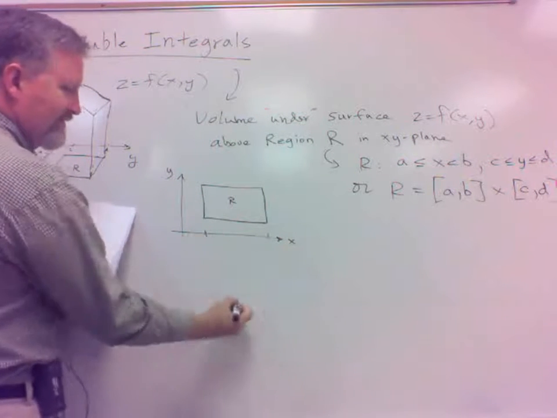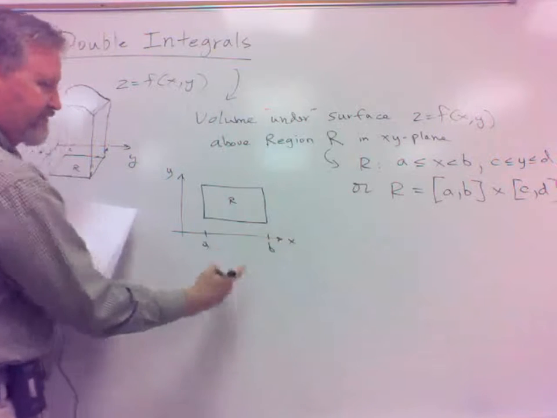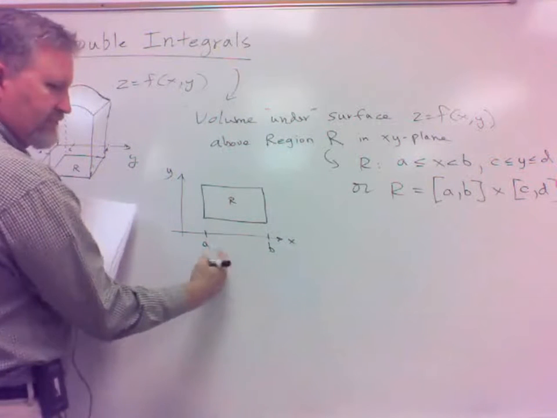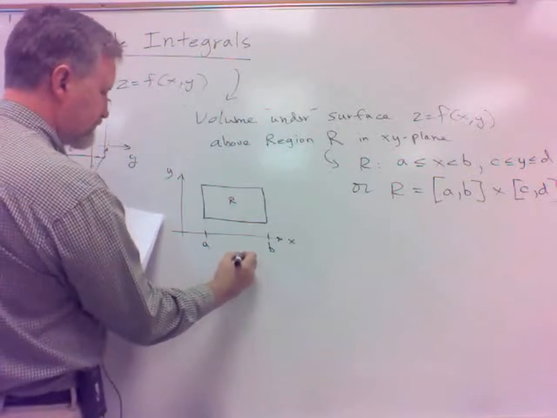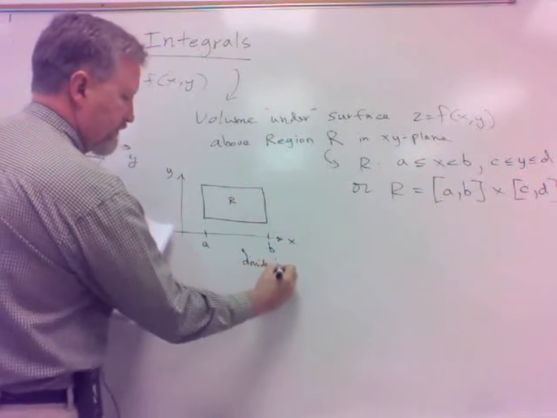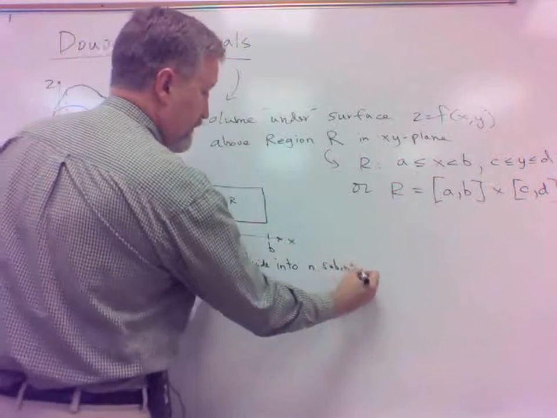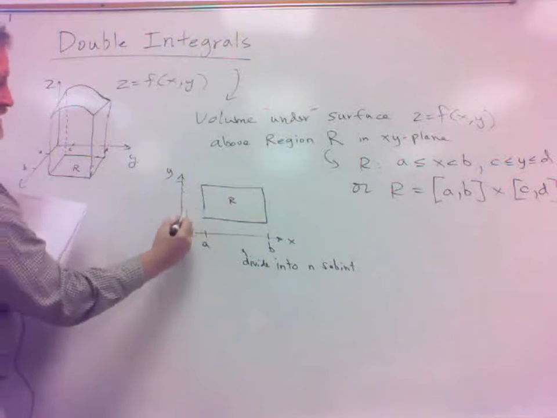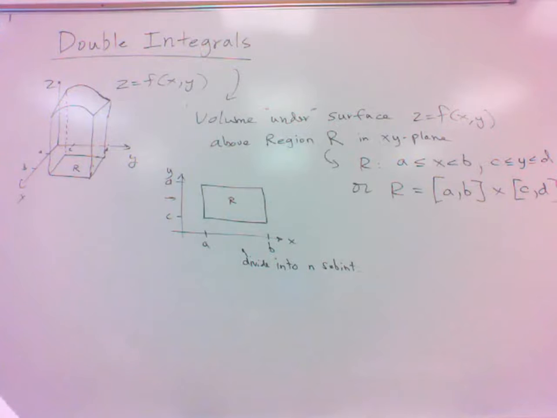Of course, what you have to do is divide x up into subintervals from a to b. So we divide it into n subintervals. And then y from c to d, same thing, divide that, but we don't have to divide it up into the same amount. So we can do m subintervals.